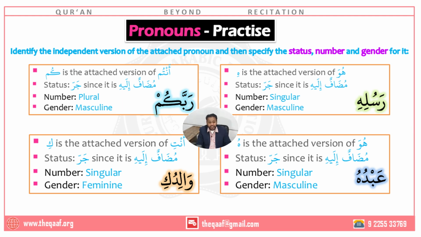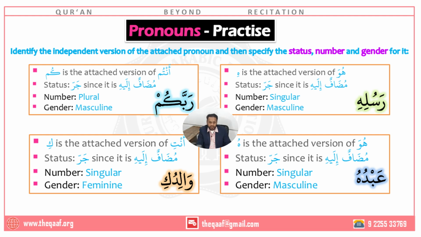So ki is the attached form of anti. Anti, antuma, antunna. Ki, kuma, kunna. That's how it goes. What's the status of ki? Jar. Walid is the ism. Waliduki, your father. So jar. What about the number? Singular. What is the gender? Feminine.